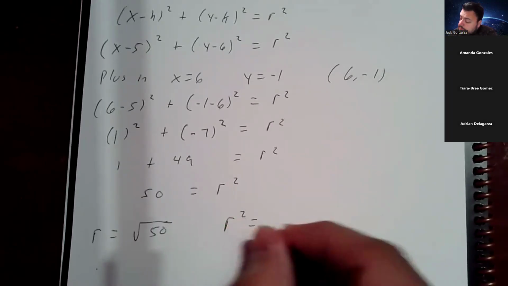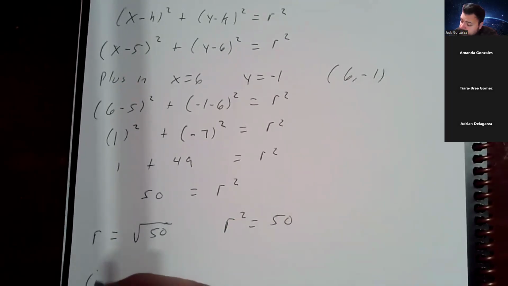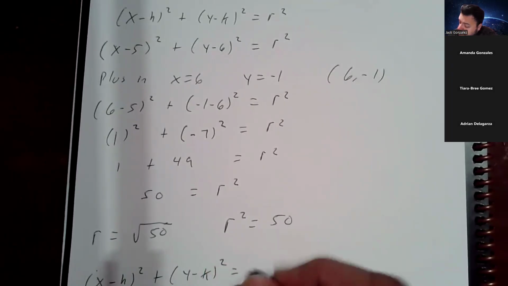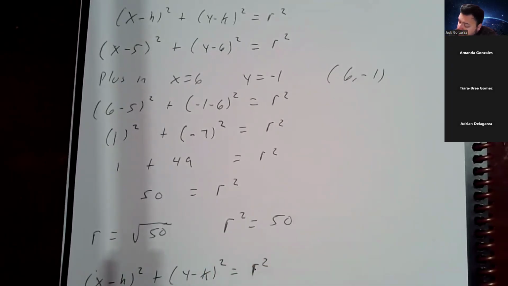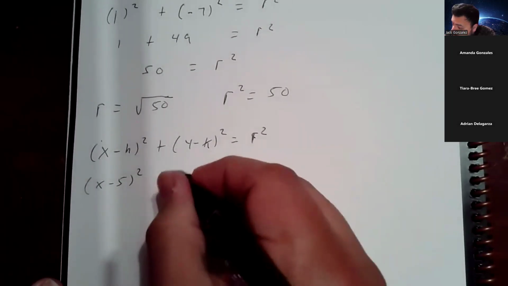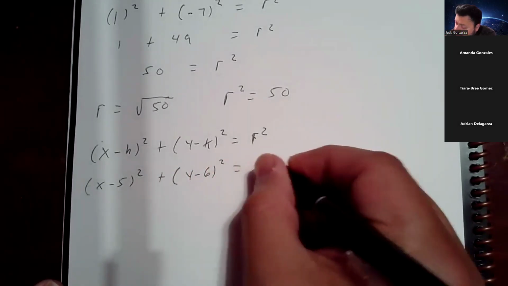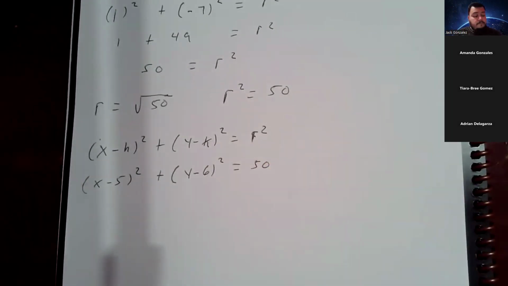Remember that r squared would be 50, correct? So plugging everything into your formula gets us to here. Any questions on 23?